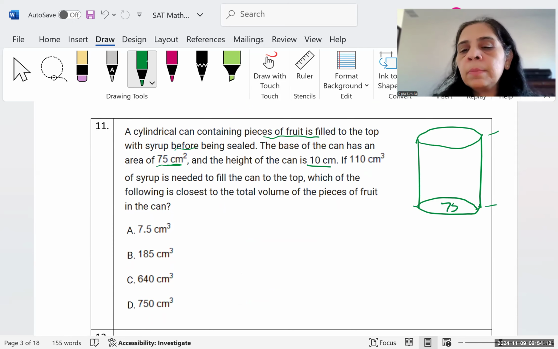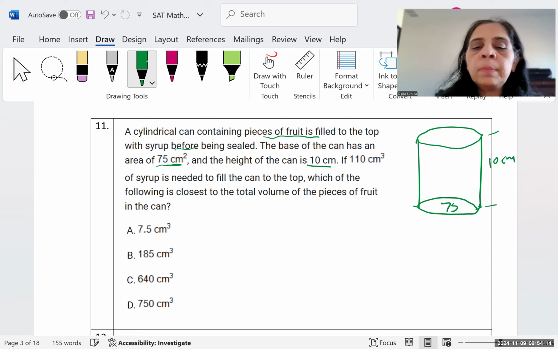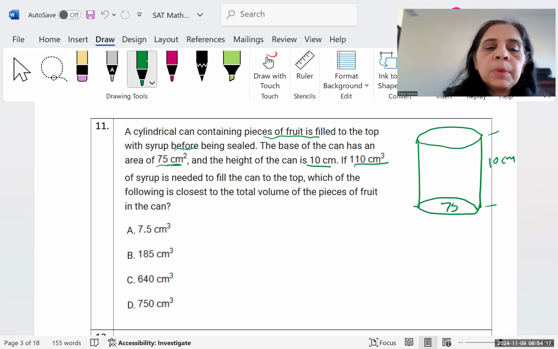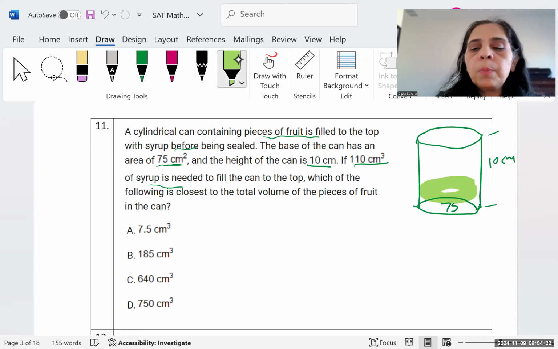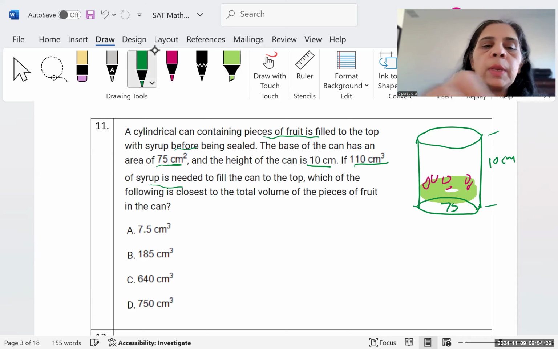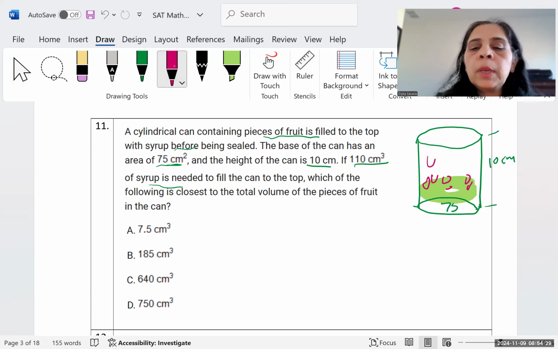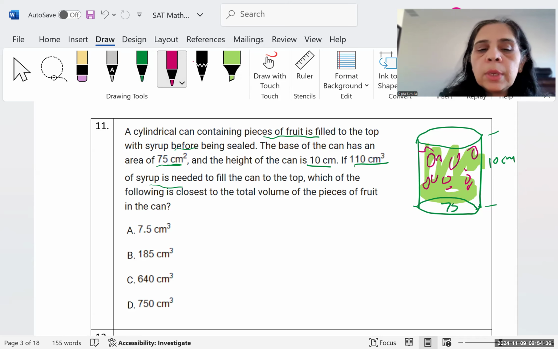Height is 10 centimeter. If 110 centimeter cube of syrup is needed. In this can, we are filling in fruit pieces, and then we are filling in syrup. They give you the syrup volume, 110 centimeter cube. Which of the following is closest to the total volume of the pieces of fruit?